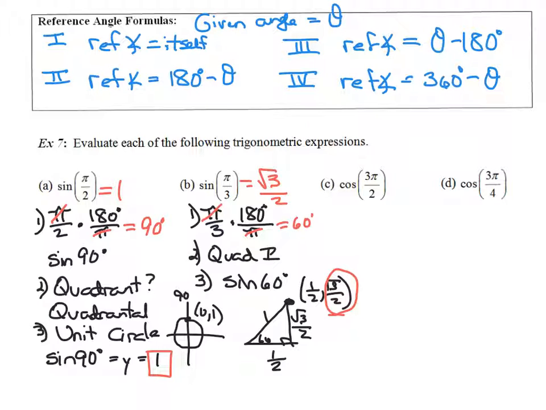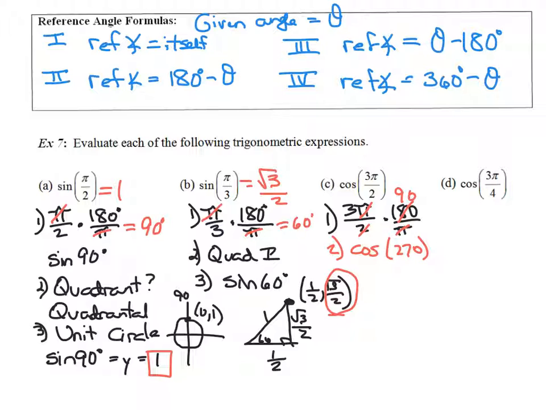Let's go to part C. So first of all, let's convert 3 pi over 2 over to degrees. So multiply by 180 over pi radians. Pi's are cross-canceling. 2 goes into 180 90 times. 3 times 90 tells me that I really want the cosine of 270 degrees.